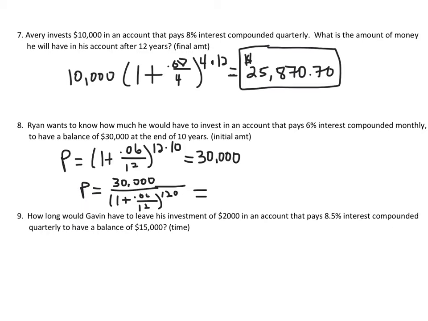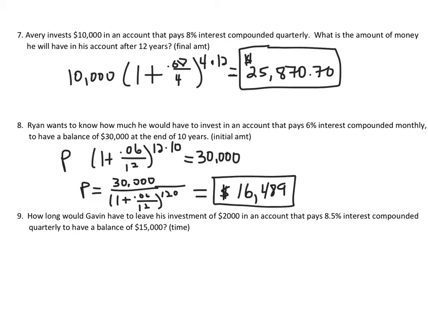So basically all we're doing is solving for P. And so the first part right here should be just P times 1 plus 0.06 divided by 12 to the 12 times 10 equals 30,000. So all I'm doing is dividing the 30,000 by this part of the equation right here. So I divide by this part of the equation right here, just put it in the denominator, and I'm going to get the answer.